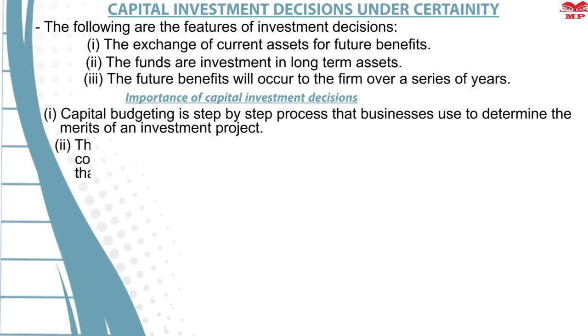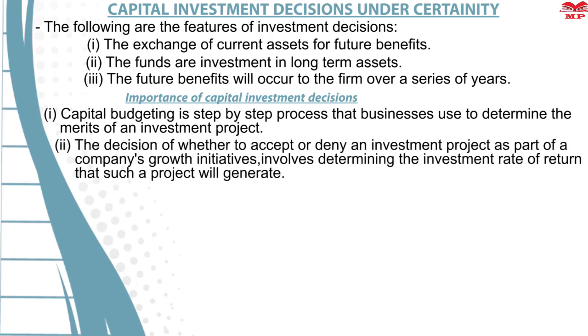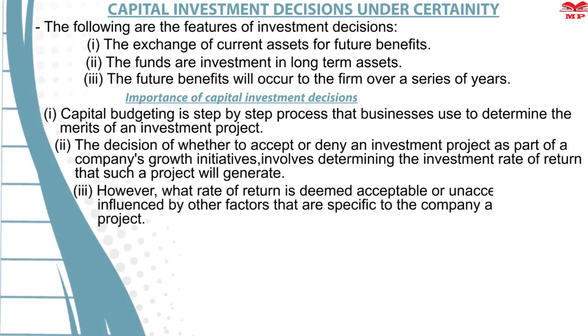The decision of whether to accept or deny an investment project as part of a company's growth initiative involves determining the investment rate of return that such a project will generate. However, what rate of return is deemed acceptable or unacceptable is influenced by other factors that are specific to the company as well as the project.